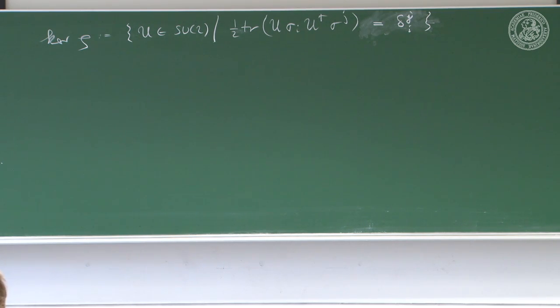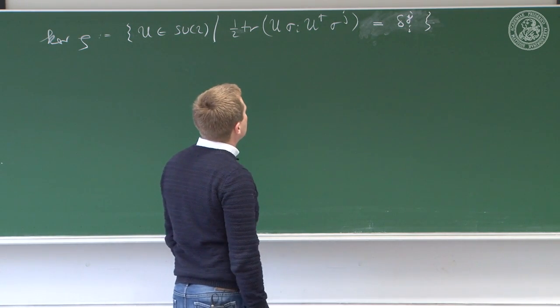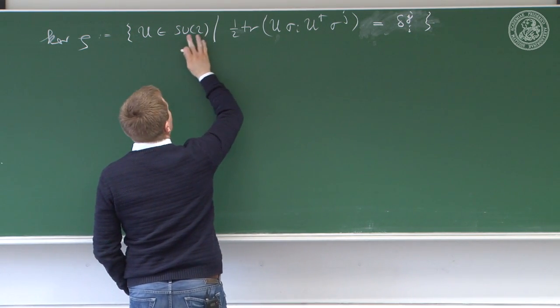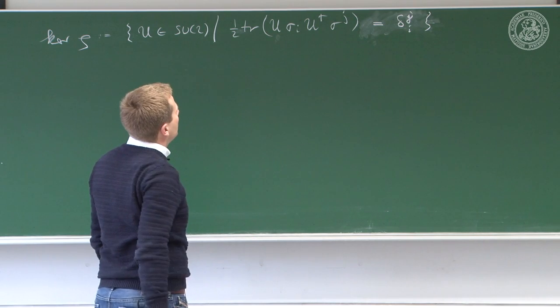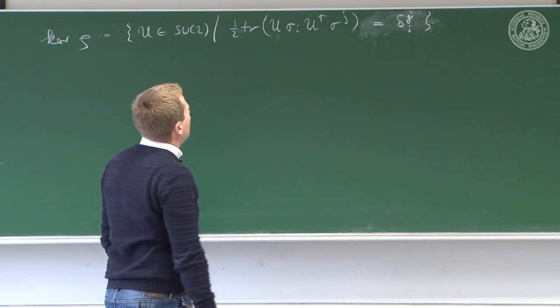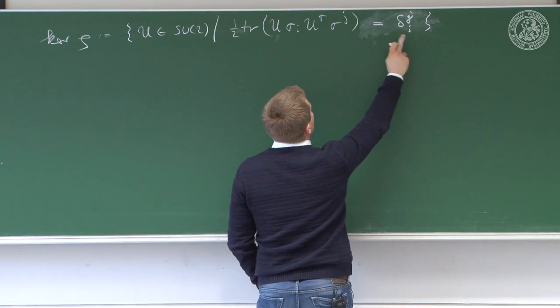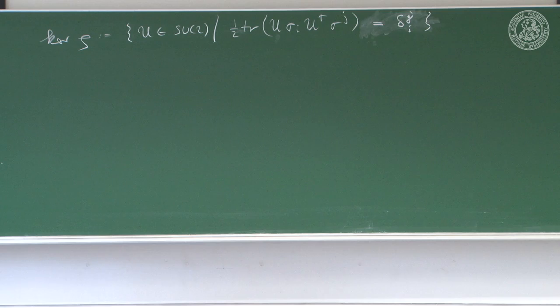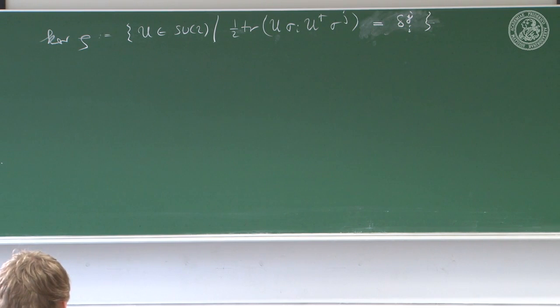So now again, it's a matter of playing around a little bit with it, but it's pretty clear that if u in SU2 here is a solution to this, then also minus u is, because the u appears there quadratically. Okay?